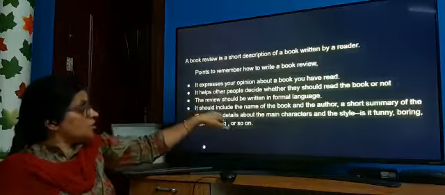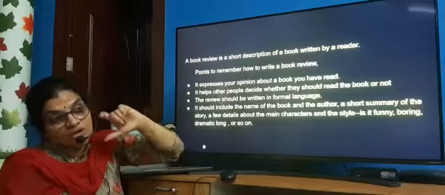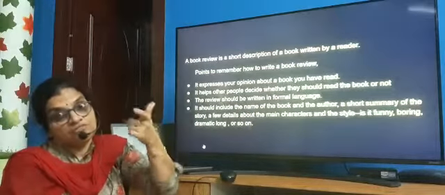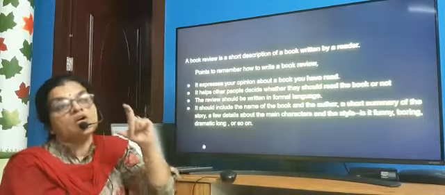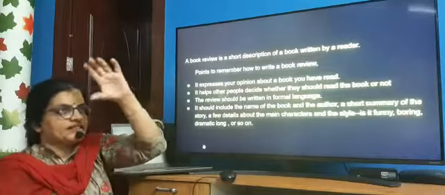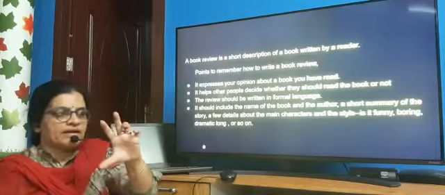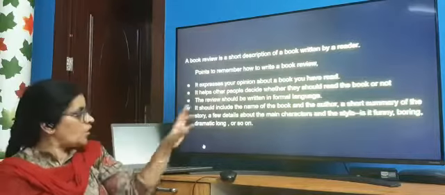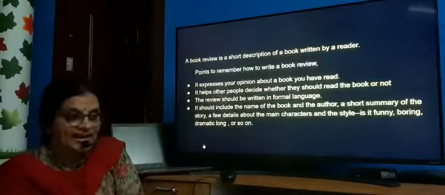And the last one, you should include the name. When you are going to write the review of a book, at that time first you want to write the name of the book and the author and a short summary as a whole. Don't write a long one, write a small paragraph about the story of the book and a few details about the main character.